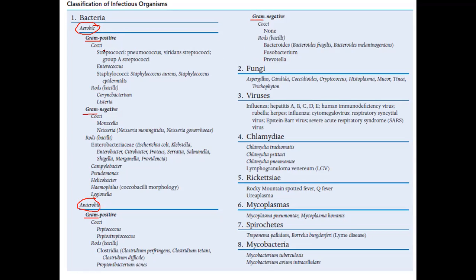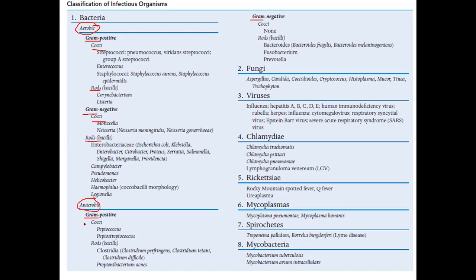And of course, further subdivision, we have cocci and the rods under the gram-positive aerobic organisms, and the same applies to the gram-negative. We have cocci and we have the rods, which are also referred to as bacilli.